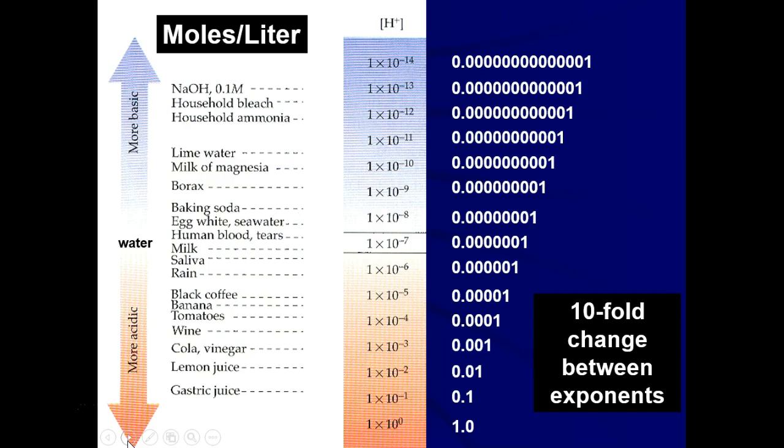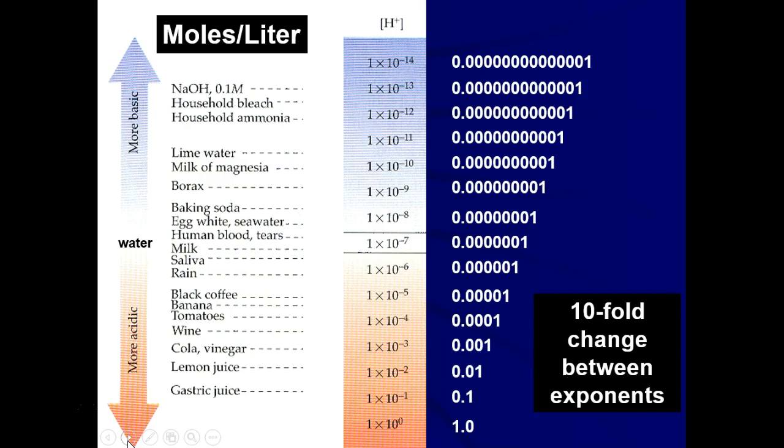Okay. Now, if we go down to black coffee, freshly made coffee, it has 10 to the minus 5 hydrogen ions per liter. That's the concentration. And as you can see, it has one less decimal place. So, compared to water, you'll see that black coffee has 100 times more hydrogen ions.